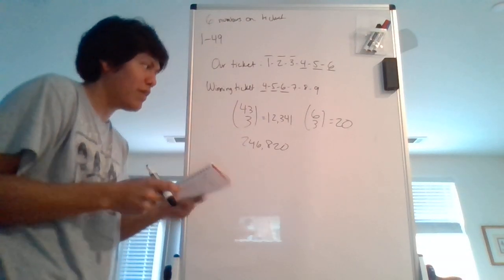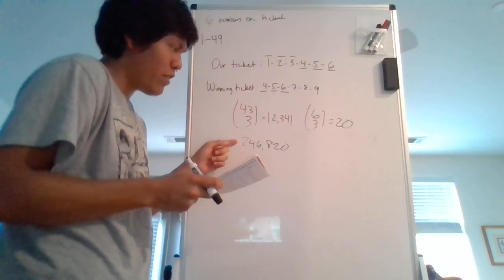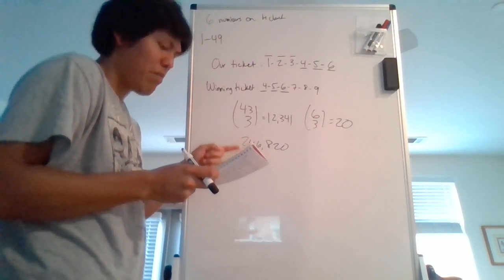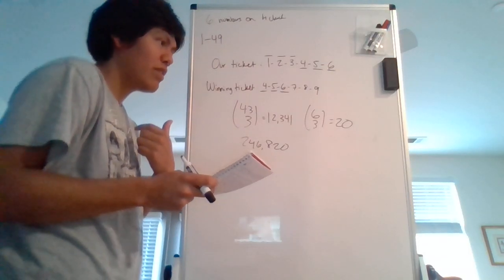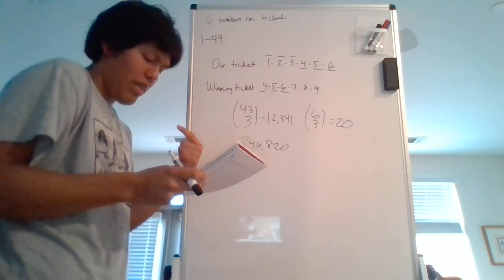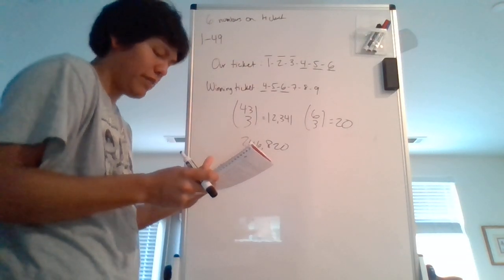Or, excuse me, there are 246,820 ways where a winning ticket matches 3 of our numbers. So now what's the probability that our ticket matches 3 numbers on a winning ticket?